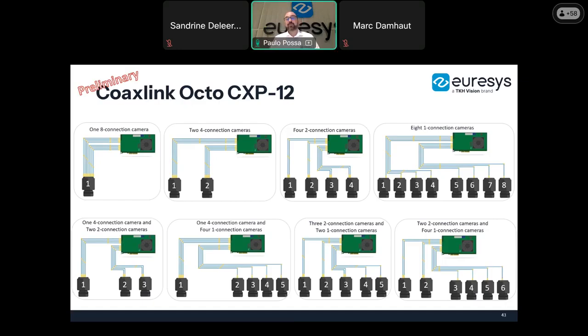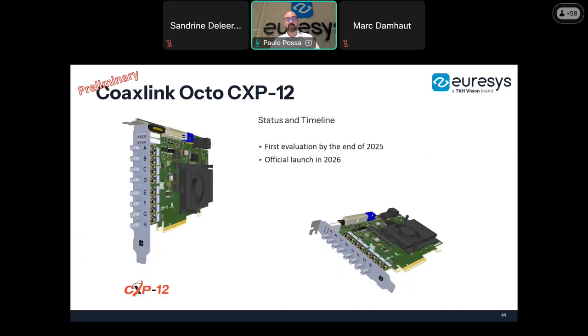And we can also support several other combinations, like 5 cameras, where one camera has 4 6P12 connectors and the other 4 cameras have a single 6P12 connector. For this board, the plan is to have the first evaluations by the end of 2025 and the official launch in 2026. Okay, so that's all from my side.